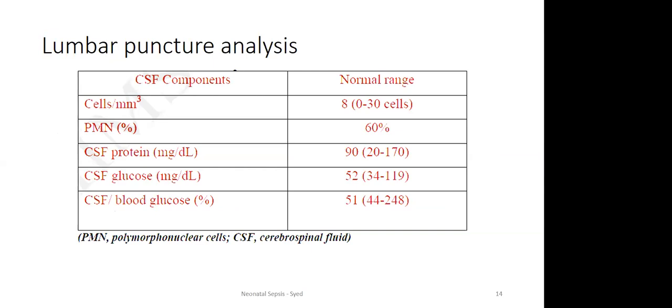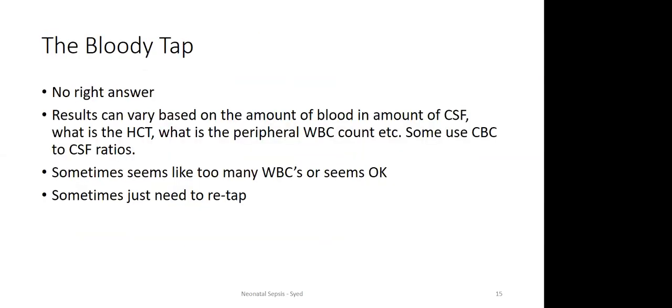You expect this as normal in infants. They have higher protein compared to older children. Infant CSF has higher protein. Bloody tap: this is a big dilemma especially among neonatologists.